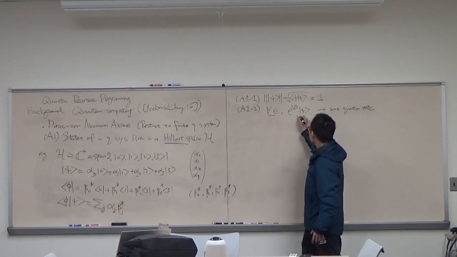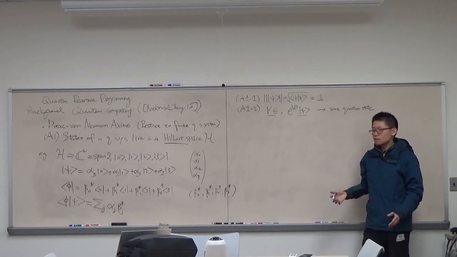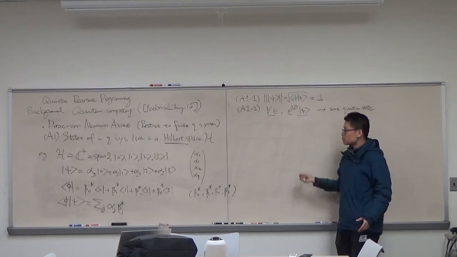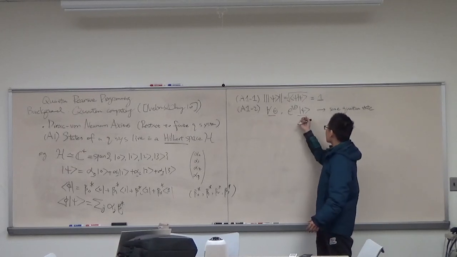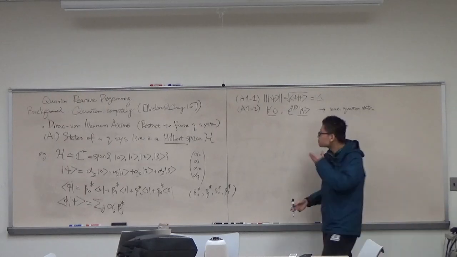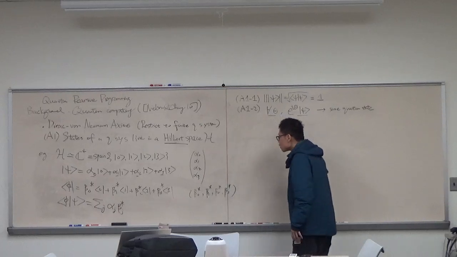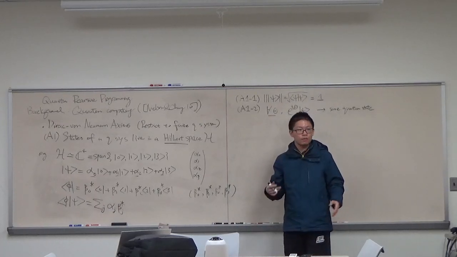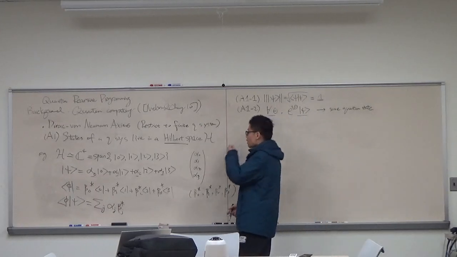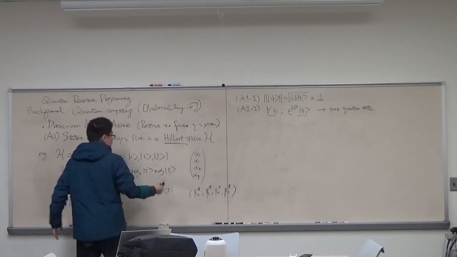That means if you multiply by an arbitrary phase, this is called a global phase, before any ket psi, then it is the same quantum state. Okay, this is the first axiom. Now we know what is the state of a quantum system. And we gave an example of that.